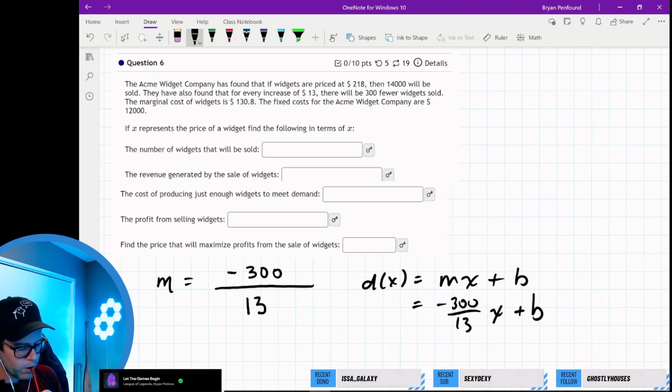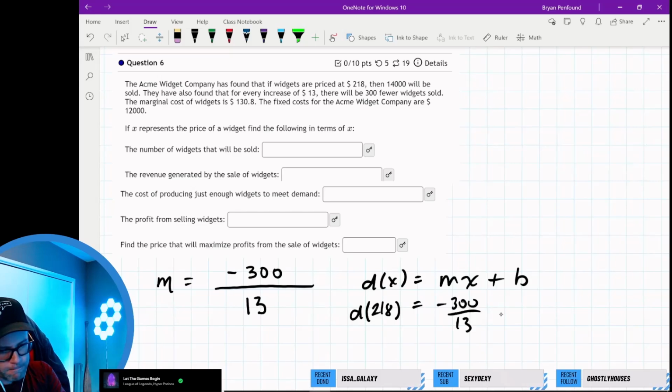So if we were to put in, let's say, 218 as our price, then we know that the output should be 14,000, right?